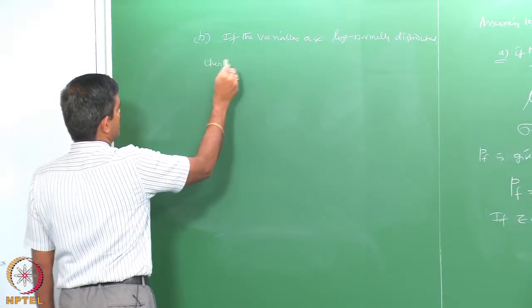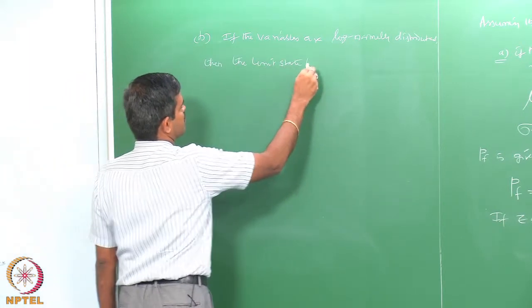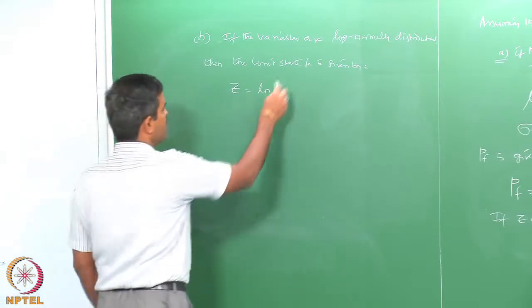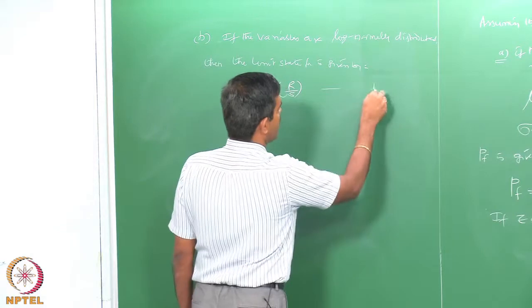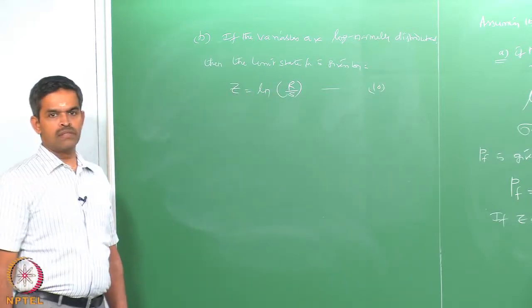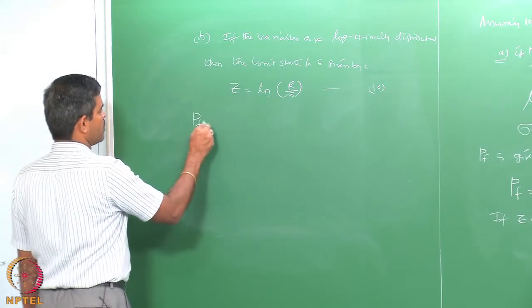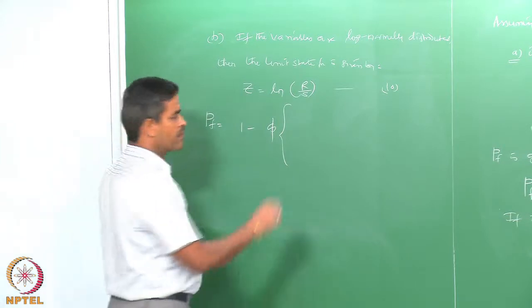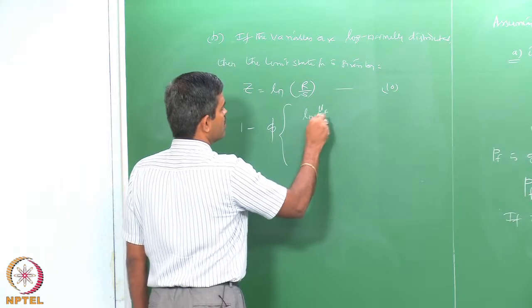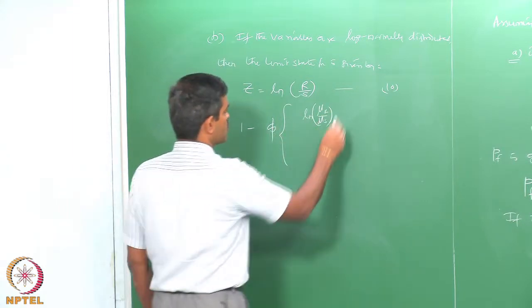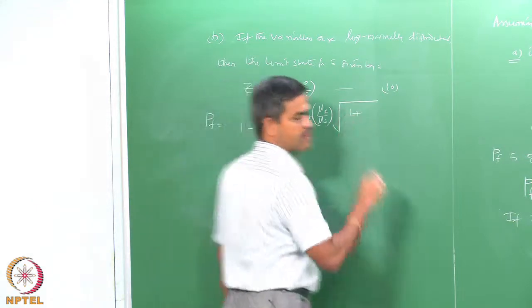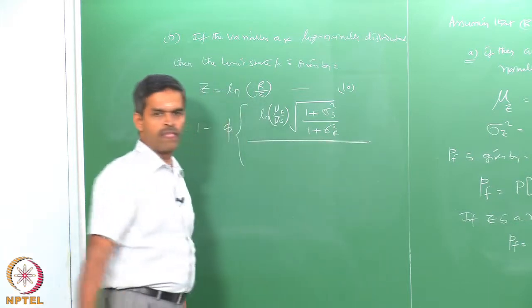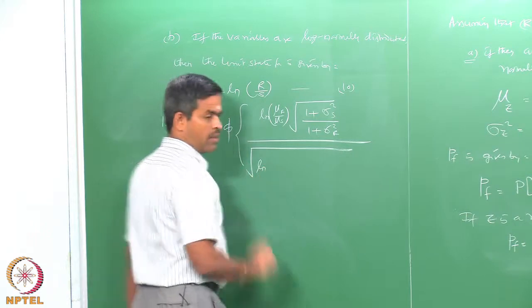Then the limit state function is given by Z equal to ln of R by S, where Z is the normal variable, and the probability of failure is given by 1 minus phi of ln of mu R by mu S times the square root of 1 plus delta S squared, divided by the square root of ln of 1 plus delta R squared times 1 plus delta S squared.